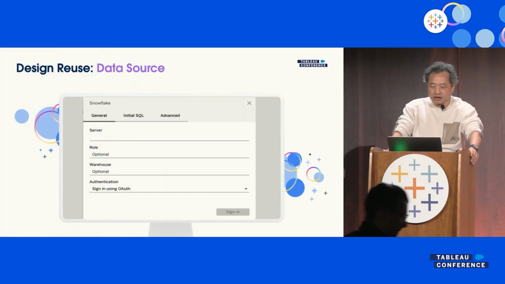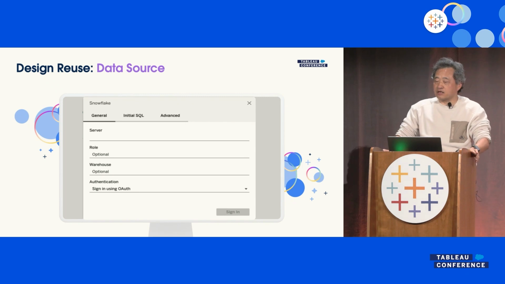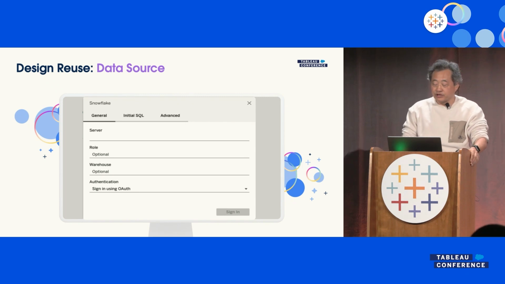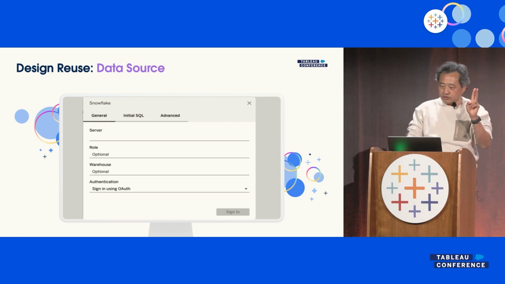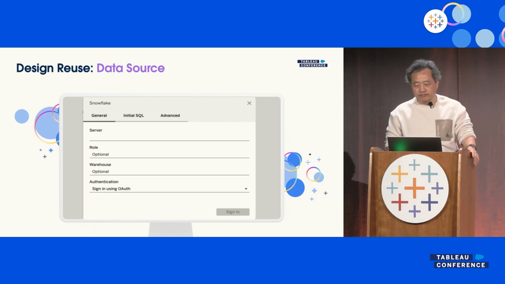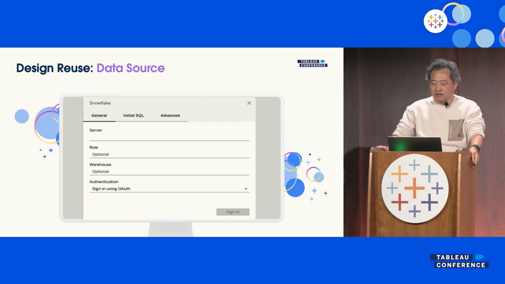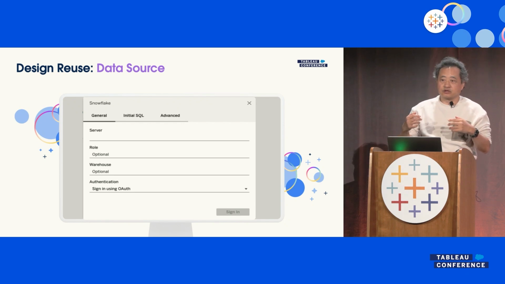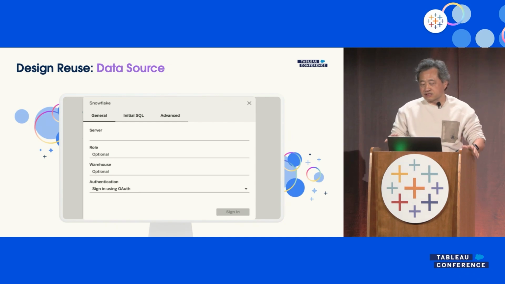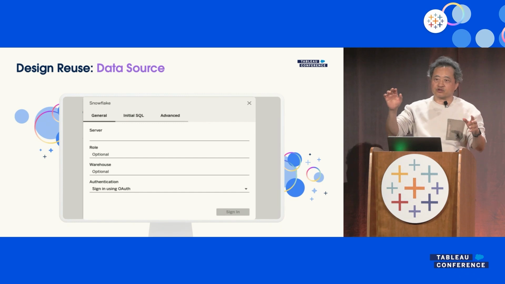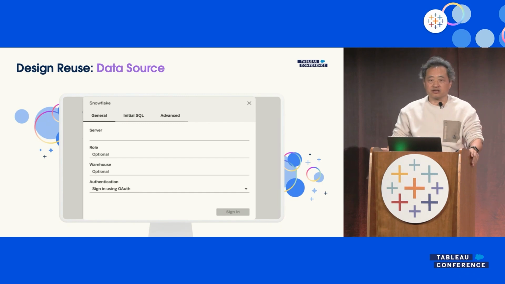Okay. The next is about reuse data source. So there are two scenarios in data source reuse. One is we just duplicate. Duplicate data source: right click on the data source name and you can duplicate.